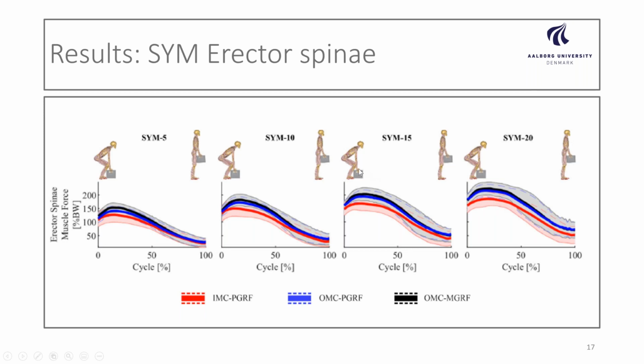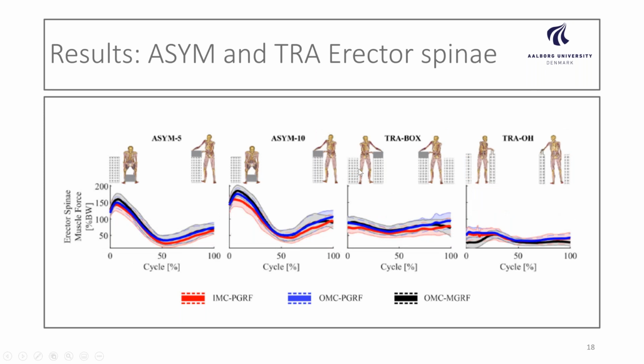And we can see this both for the symmetrical lifting task, and we can also see it here that the error seems to be higher when we use the statistical tools for the asymmetrical lifting for 5 to 10 kilograms. So that's also something we need to keep in mind.